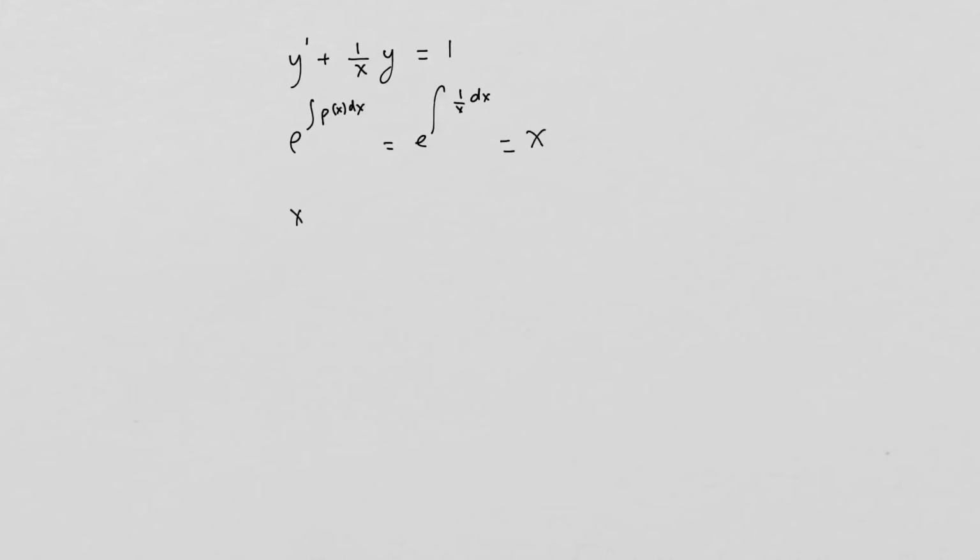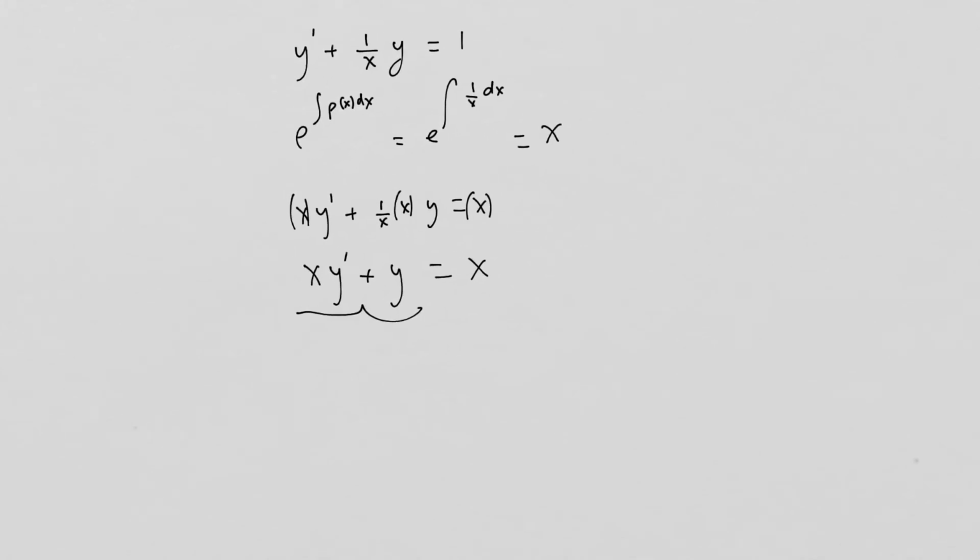So if I multiply across the board by x, I get this, and so that is x y prime plus y equals x, and that is a product rule, because the derivative, sorry, there is no prime here. The derivative of y is here, and the derivative of x is 1, which is here. So that is just x y prime equals x.